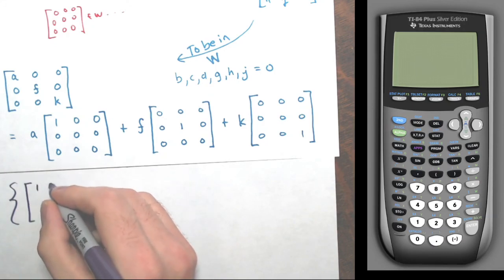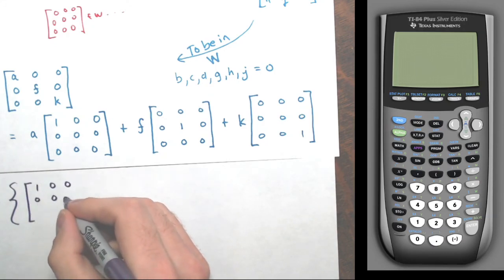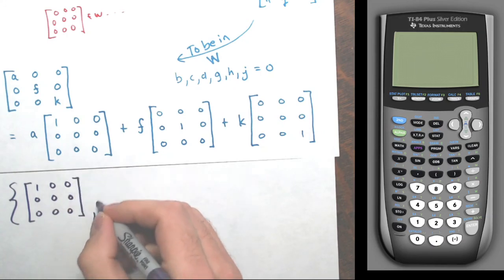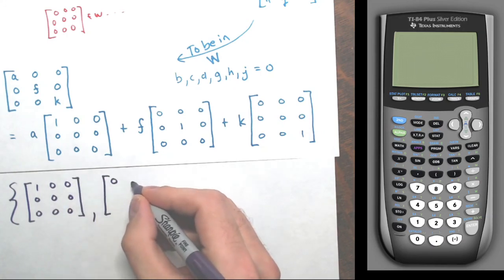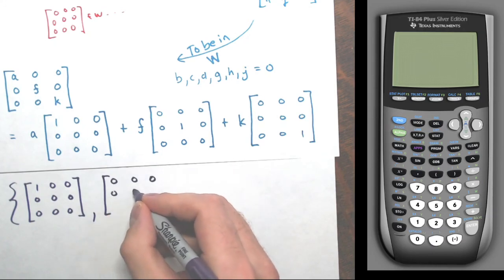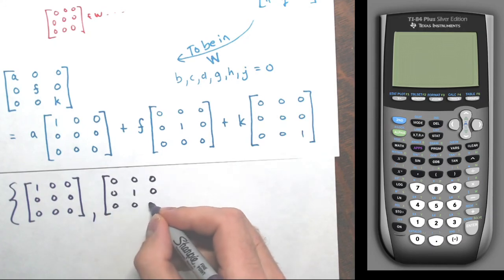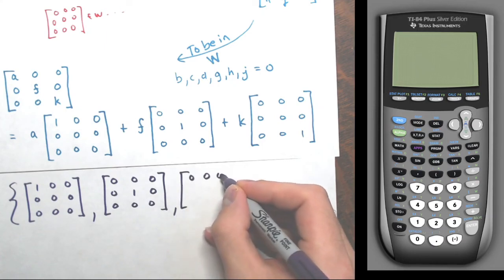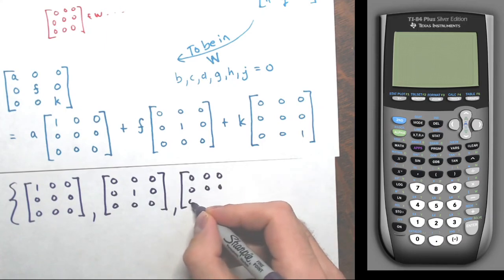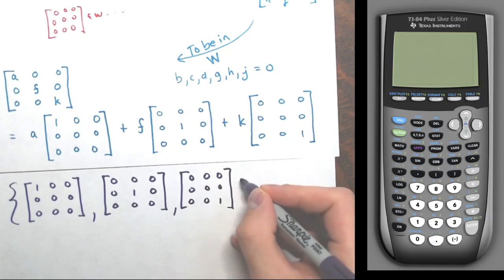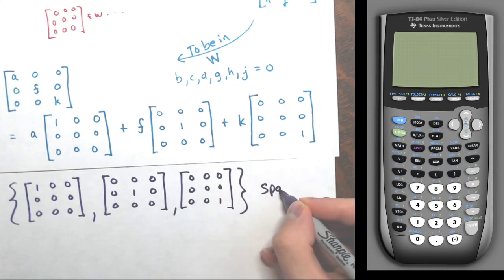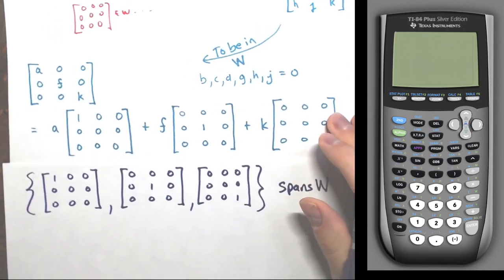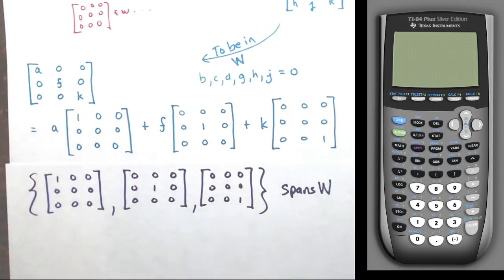So the set with this matrix with the 1 in the upper left-hand corner, and this matrix with the 1 in the middle, and this matrix with the 1 in the lower right-hand corner. This spans W. Right? Every vector in W can be written, as we've seen here, as a linear combination of these 3.